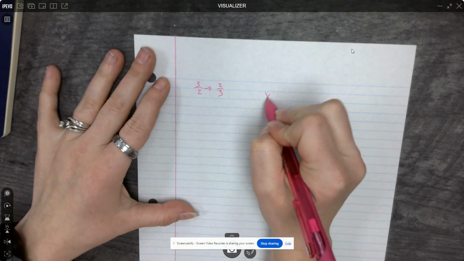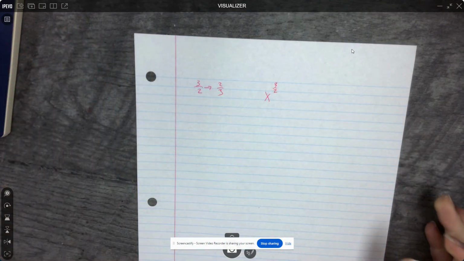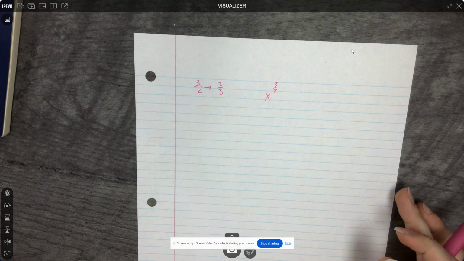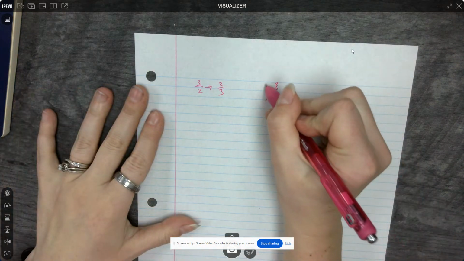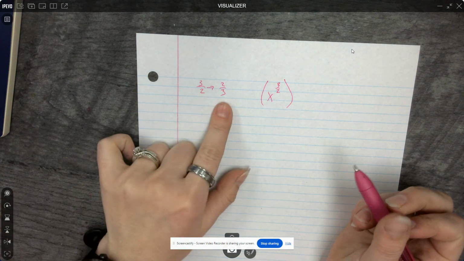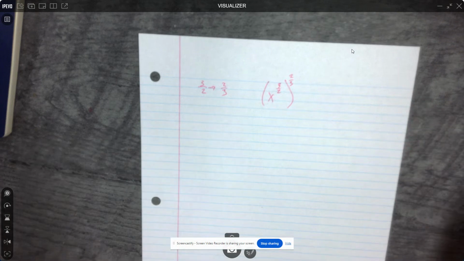Why do I do that? Well, let's take x to the 3/2. I'm not going to set up an equation right now, I just want to show this side. Why would I use the reciprocal exponent in order to get rid of the exponent I have? Let's take this to the power of the reciprocal, which is 2/3.